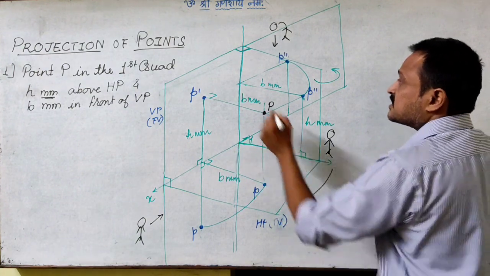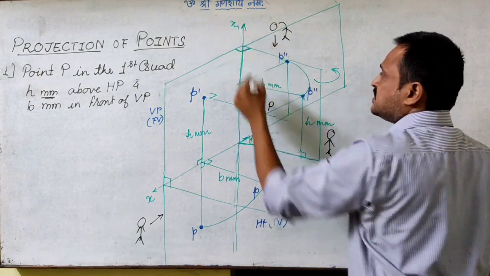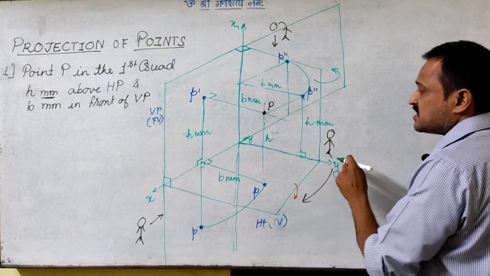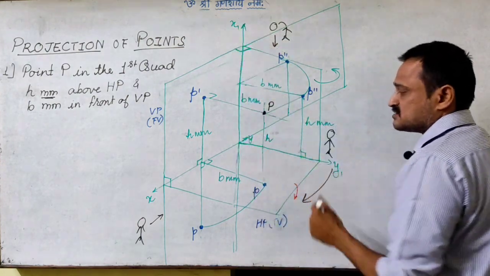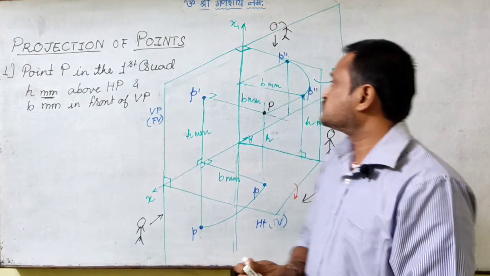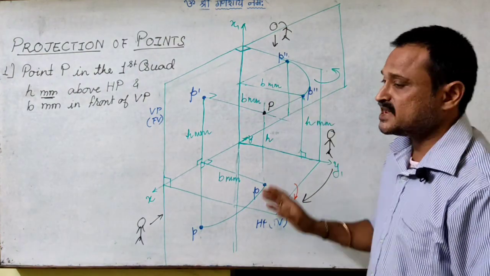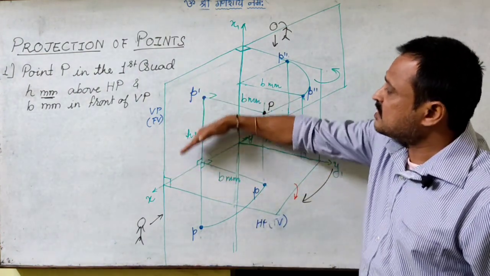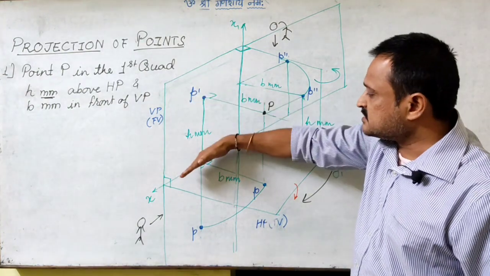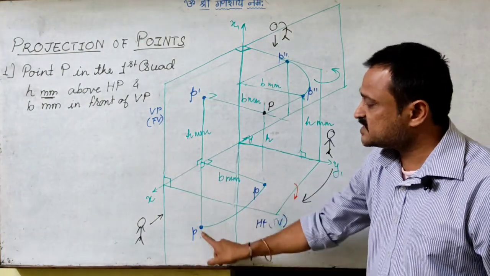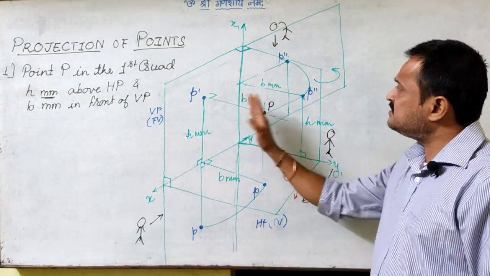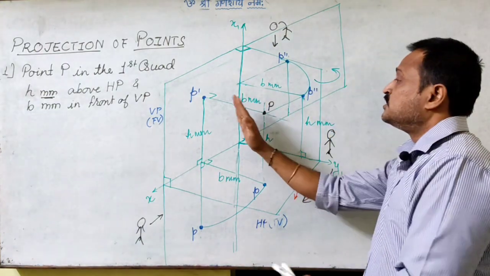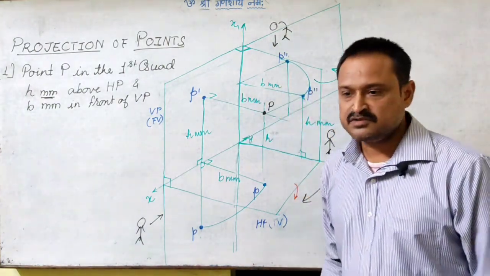We name it as x1 y1. So this x1 y1 also becomes a new reference line. So I get the front view above the xy line, the top view in front of the xy line, and the side view or the left hand side view to the right of the front view.